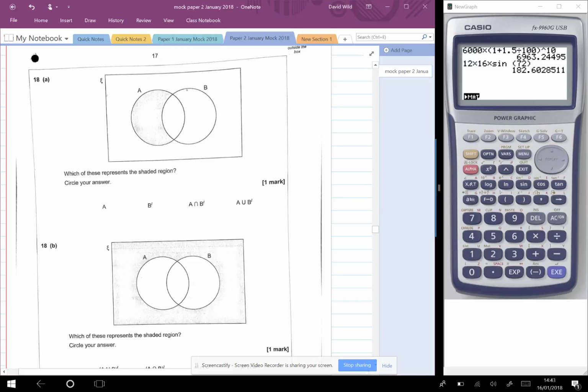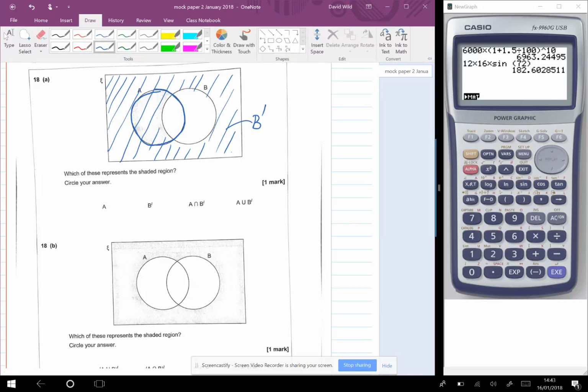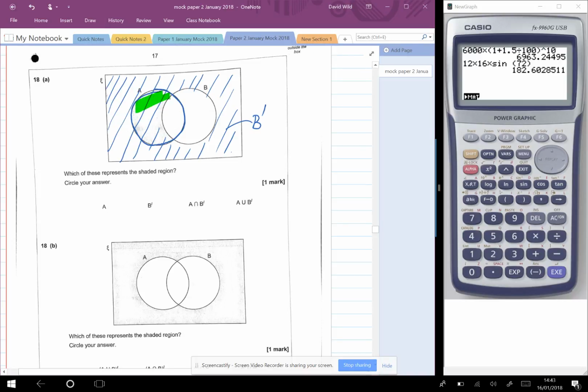If we shaded everything outside of B, that's not B. What I'm shading now is not B. And you can see that this is A. If I shaded all of A, shade that with perhaps the green.